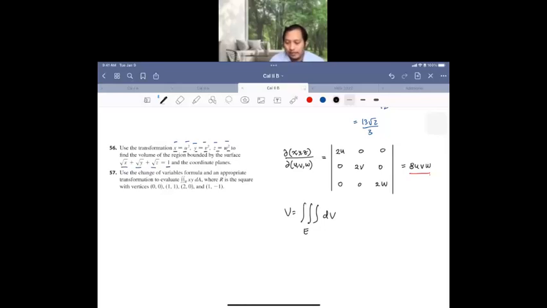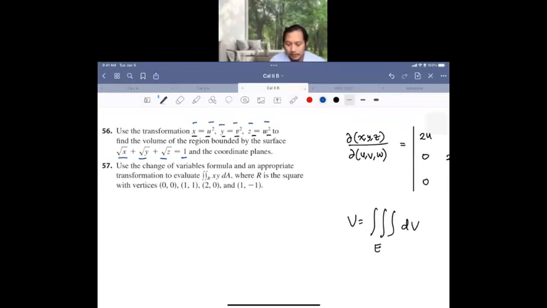Now our region is, if we take square root of x plus square root of y plus square root of z is equal to 1. If we exchange this into u, v, and w, x becomes u squared, so it becomes u plus v plus w equal 1.